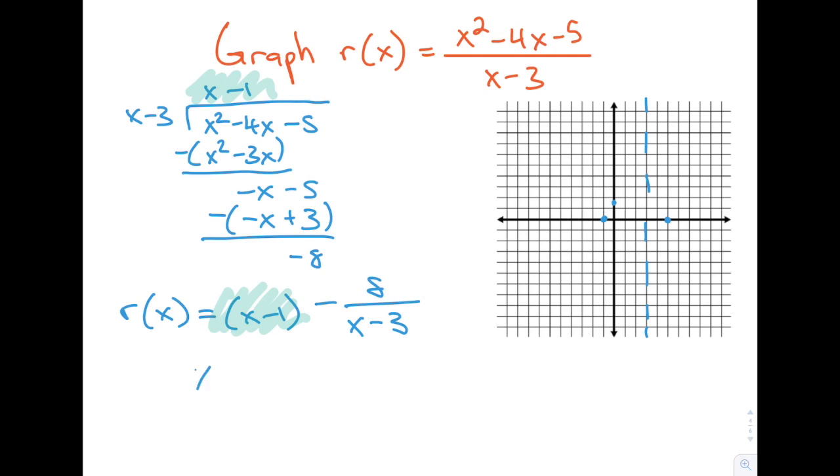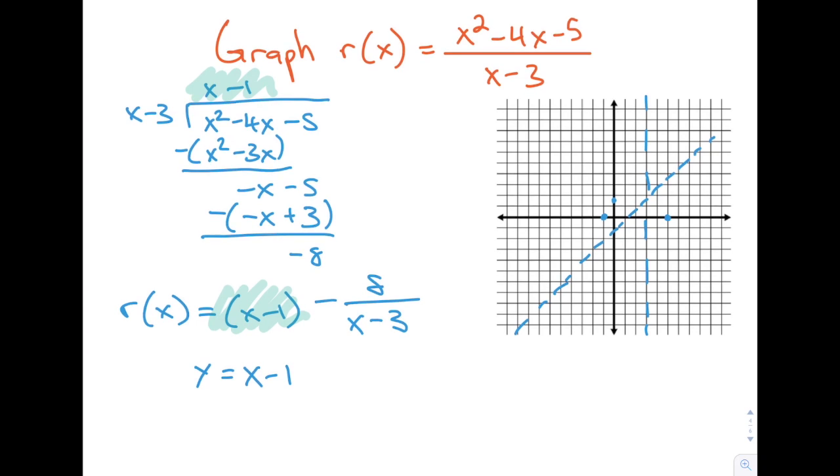We're just going to plot y equals x minus 1, and that will be our asymptote. So if we plot that here, x minus 1 looks roughly like that. Now we just draw the graph of our function into that asymptote.